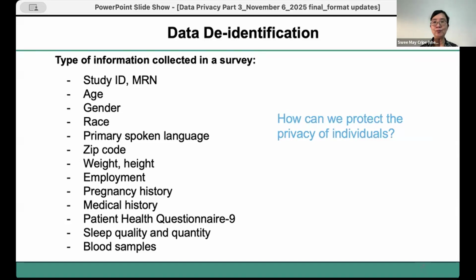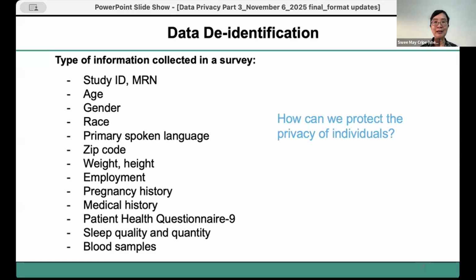Here we included giving individuals a study ID in the interviews, and there is also a medical record number. We collected age, gender, race, primary spoken language, zip code, weight and height, employment history, pregnancy history, and other medical history.